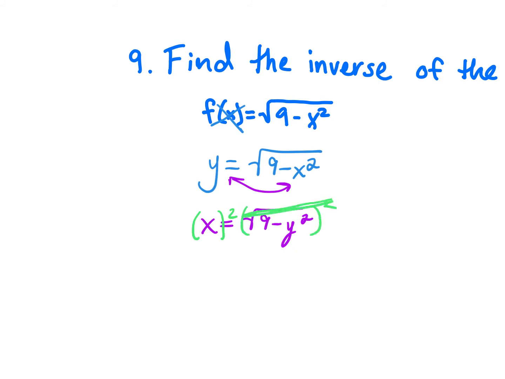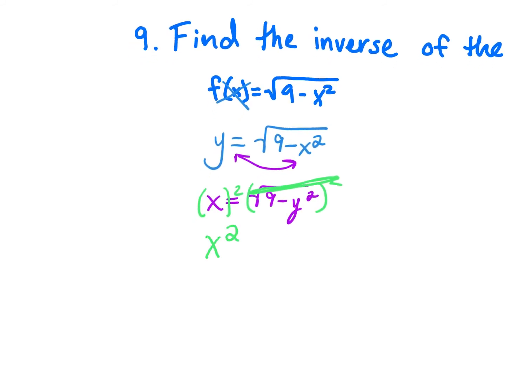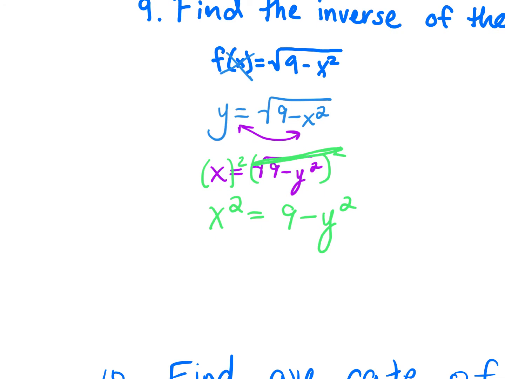When I do that, guys, that cancels out my square root. It does not cancel out the y squared, just the square root. So I have x squared equals 9 minus y squared. Now what? Not yet. I'm going to move the 9 over. That's a positive 9, so I'm going to subtract 9 from both sides. So I have x squared minus 9 equals negative y squared.